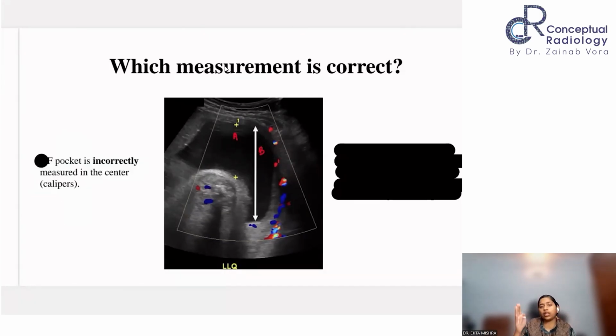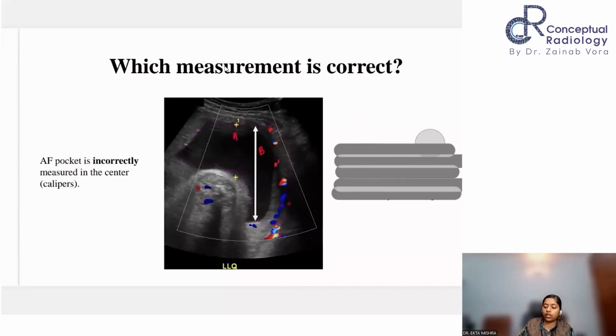We are not reporting the caliper because, first of all, the pocket is not the largest pocket in this picture. See, this entire area is the pocket, which is in pink. We are going to take the maximum anteroposterior measurement. So clearly this is not the maximum.